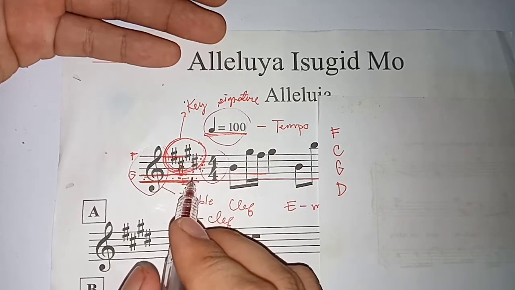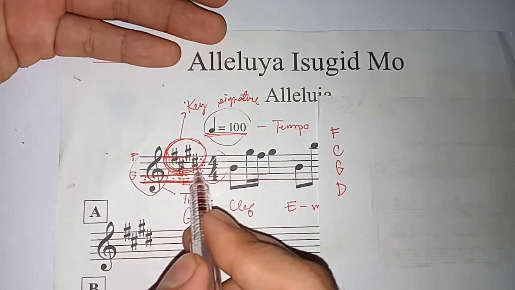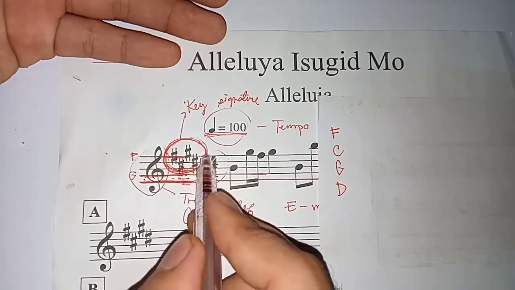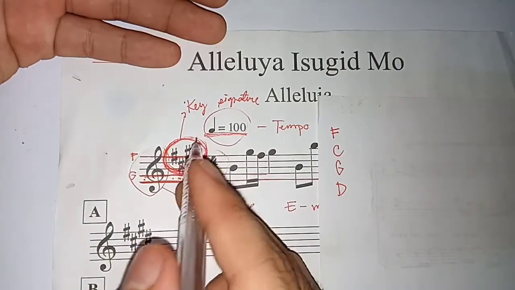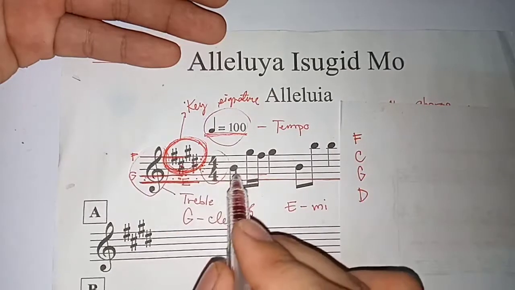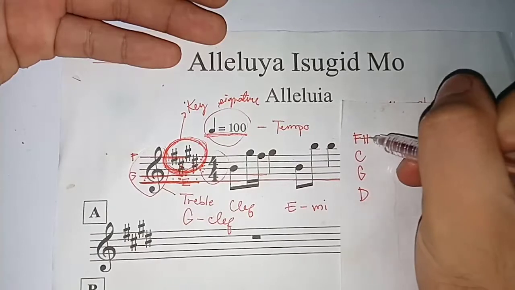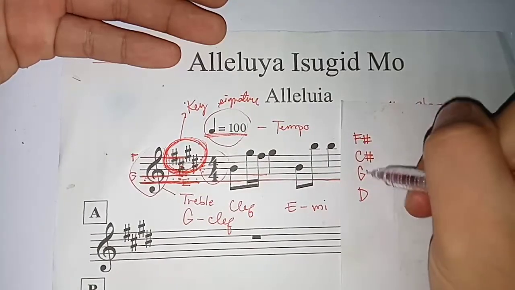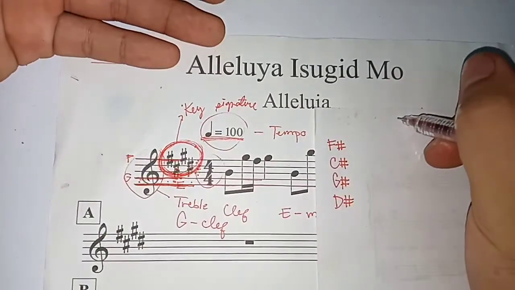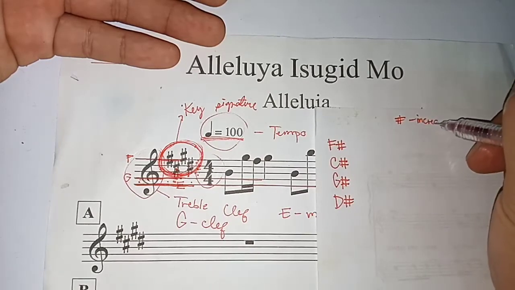So what that means is, if we have a sharp in this key signature as our guide, the notes located on these lines should have a sharp on them. It means they are going to be played a half step higher. Diba, a sharp is played for an increase of a half step.